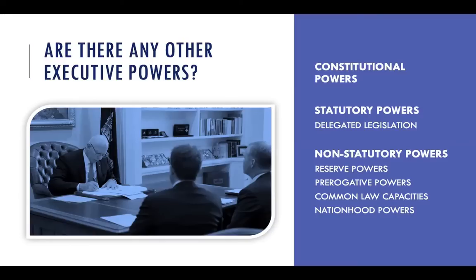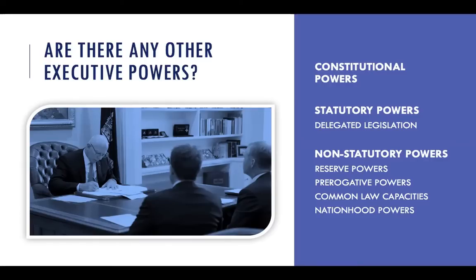And the other kind of non-statutory powers that we can see there in the slides is the nationhood power. Although it sometimes looks like an implication of the prerogative powers, those exclusive powers that the common law has historically given to the Crown, these ones here relate, as the name indicates, to powers regarding the nation. It's about the national interest, the sovereignty of the state, the identity of the nation as a whole.